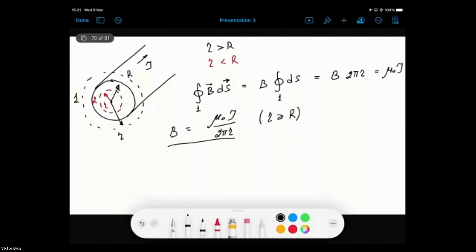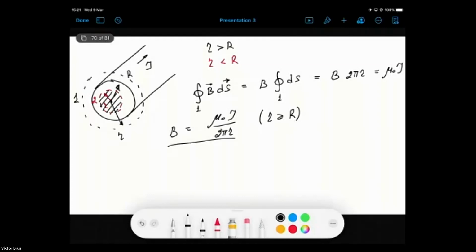So now let us consider the second case when we are interested in magnetic field inside the conductor. So for this case, we need to determine which current will flow through the surface of the second closed path.